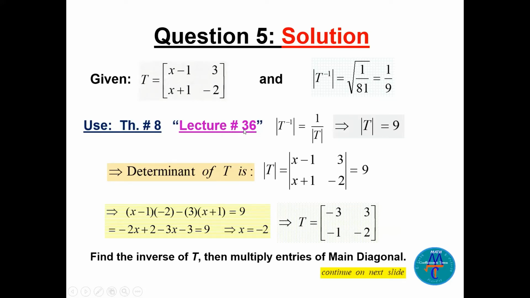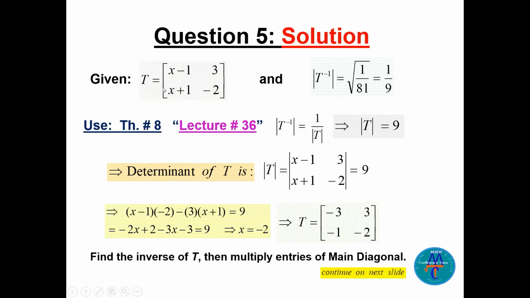So from lecture number 36, we know the determinant of the inverse is 1 over the determinant of the matrix itself. Given the determinant of the inverse is the square root of 1/81, which is 1/9. So this is 1/9. So the determinant of T is 9.